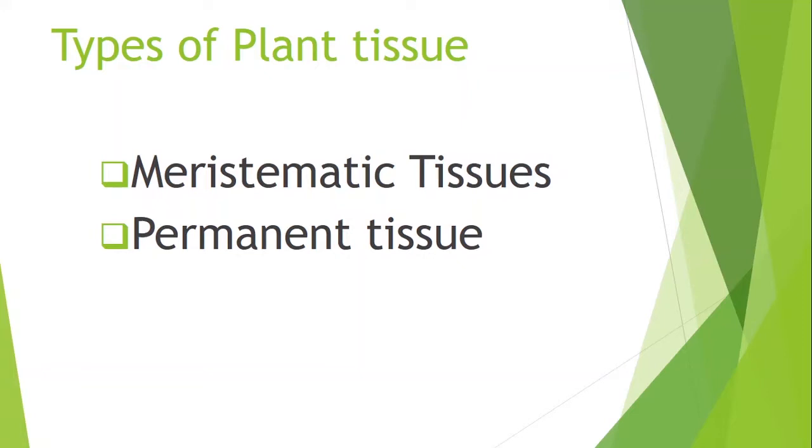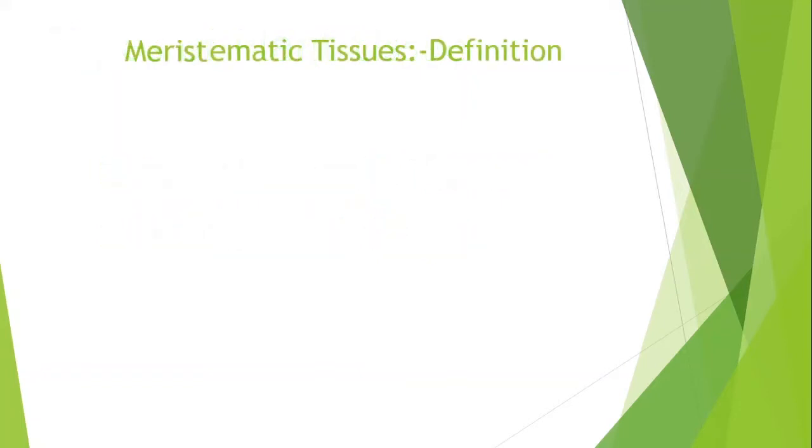But when you actually understand them, you also get to know how they got their names. So we are going to discuss meristematic tissue in detail. Let us see what meristematic tissue is.